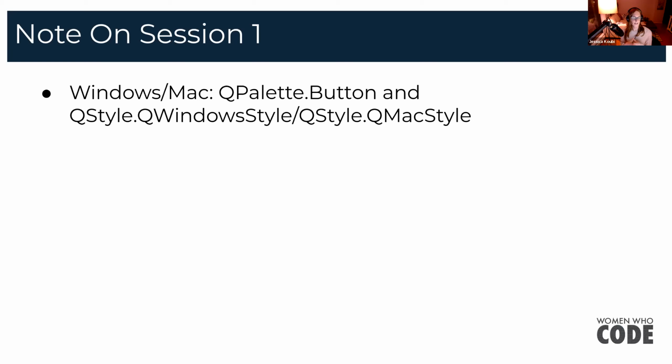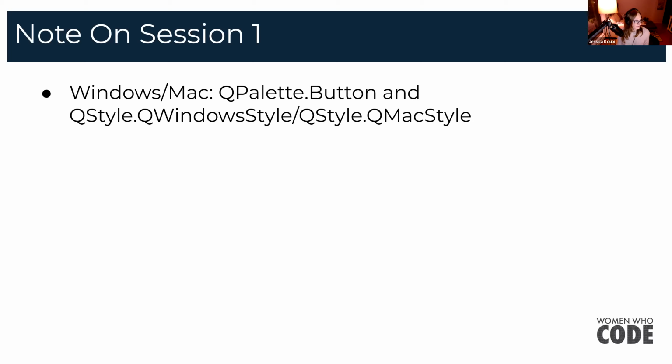As I was working on Linux, the QPalette button was working for me, but I forgot to mention that if you're working on Windows or Mac, that's not going to work due to the native style. Either the Q Windows style or Q Mac style is taking over some of the QPalette behavior. So the QPalette button color can't be set on Windows or Mac.